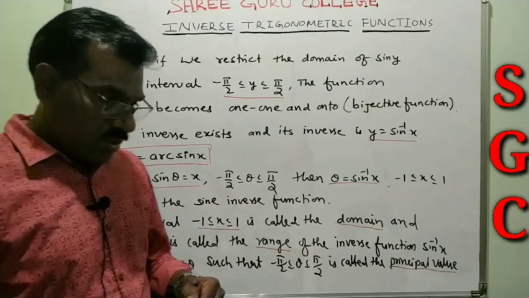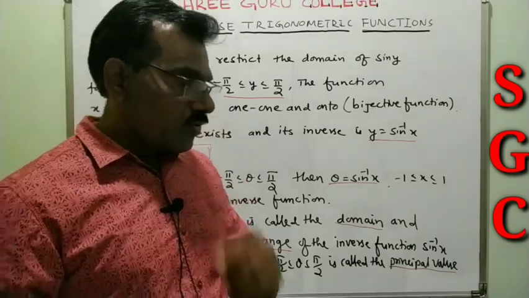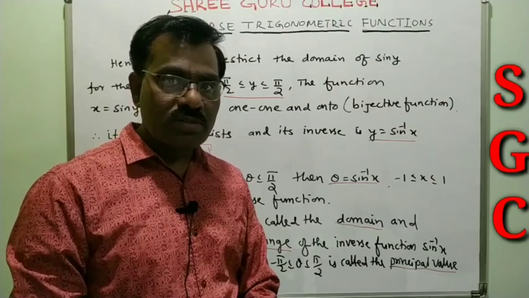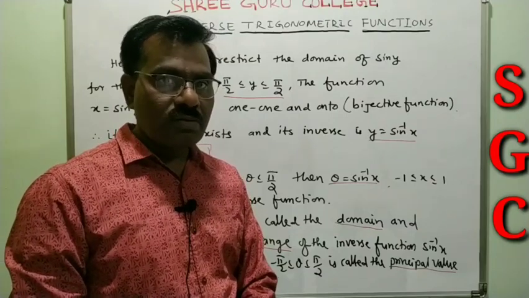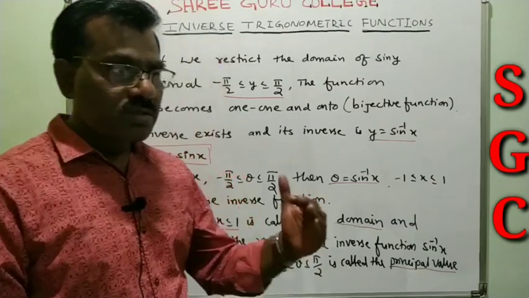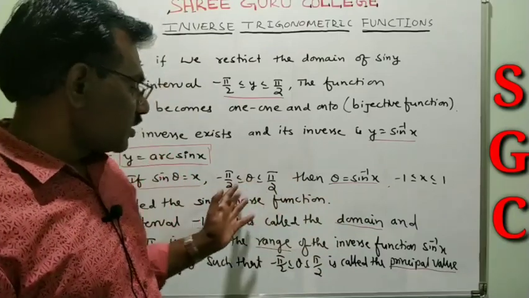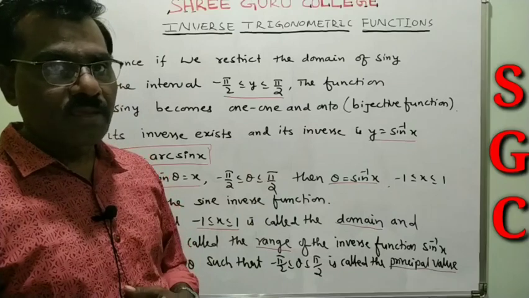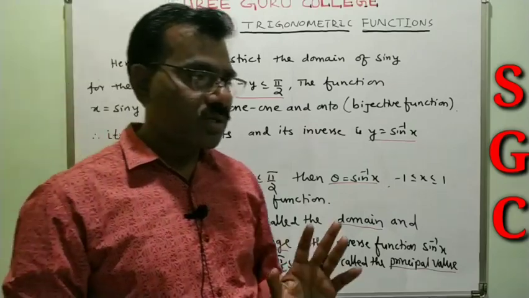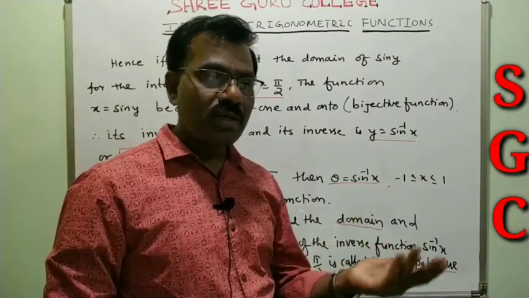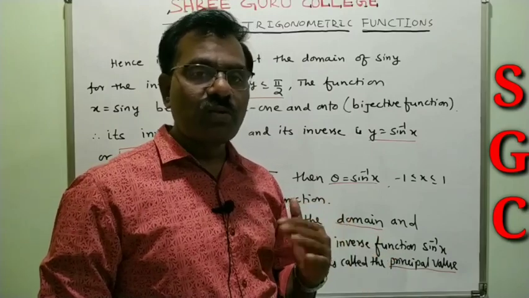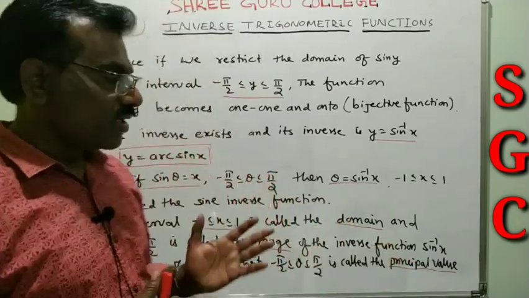So now it is clear. When you say sine inverse function is a function one-one and onto, minus 90 to plus 90, the definition is very simple, only one definition is enough, and similarly the domain and range.